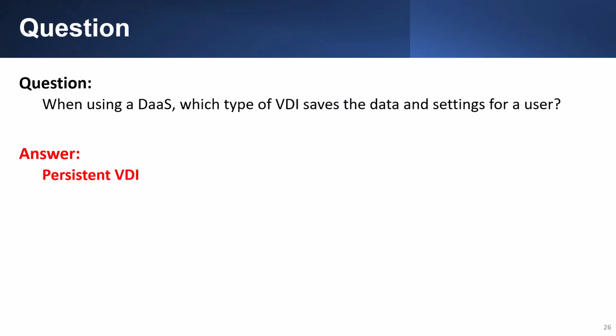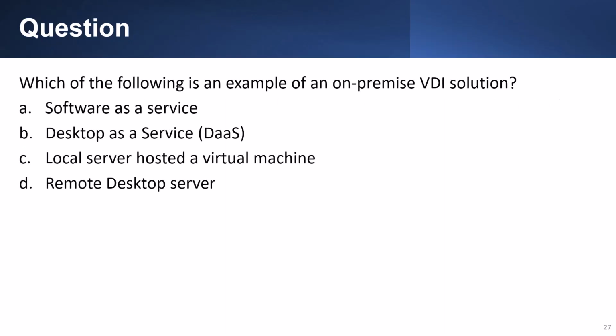Answer: persistent VDI. Question: Which of the following is an example of an on-premise VDI solution? Answer: Desktop as a Service, or DaaS.